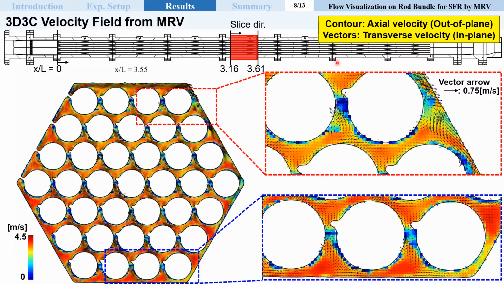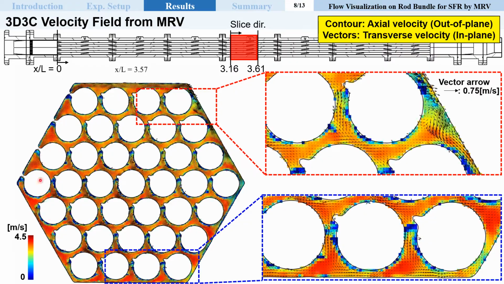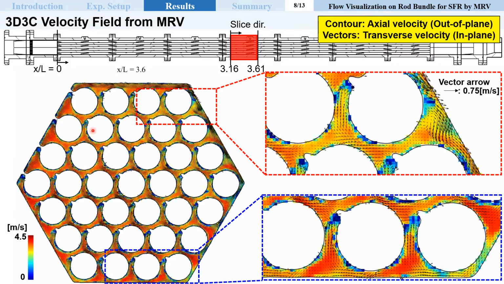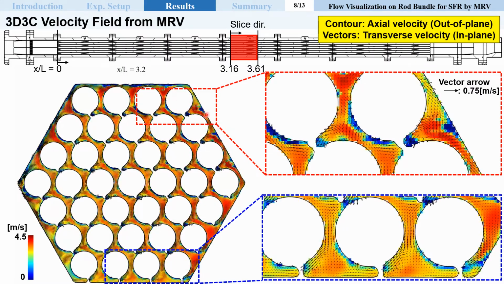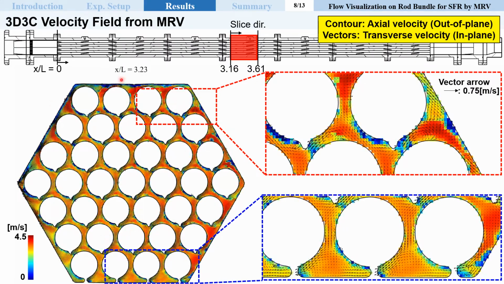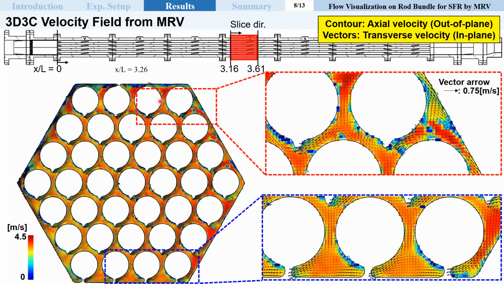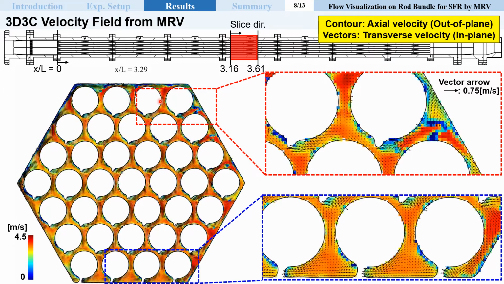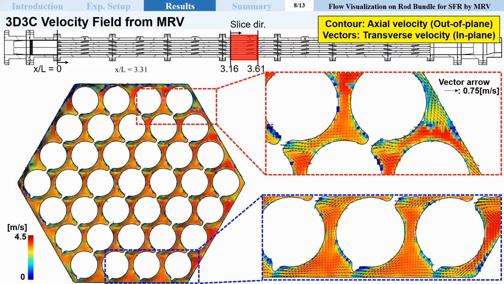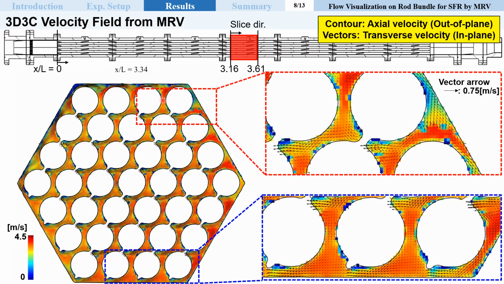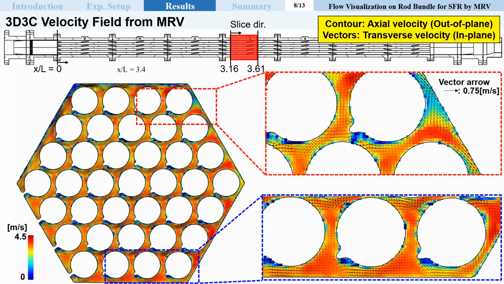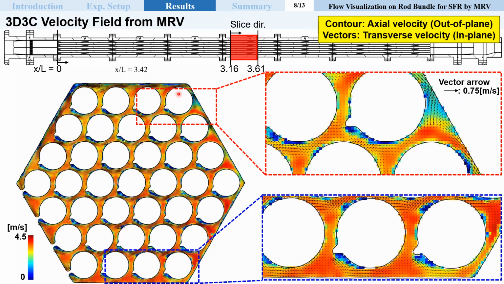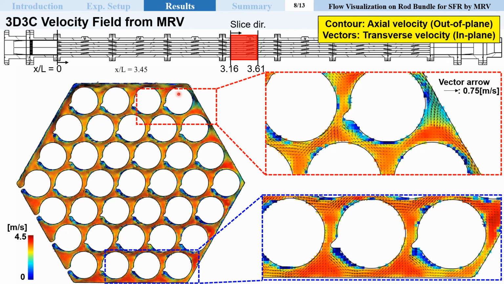Also, if you look at the velocity distribution contour in the main flow direction, you can see that there are high velocity regions and low velocity regions. If you look closely, there are a lot of things to analyze, but it is difficult to list them all today. So I want to focus on the effect of wire rotation on the overall flow distribution.